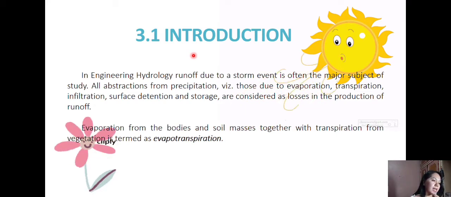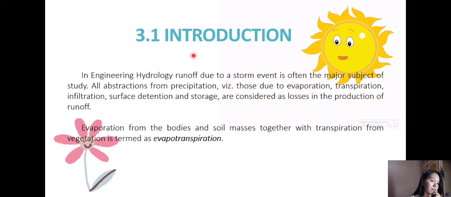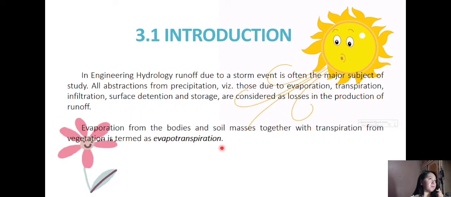Evaporation from water bodies and soil masses together with transpiration from vegetation is termed evapotranspiration, and this will be further discussed by my fellow reporter. I will be the one discussing evaporation.